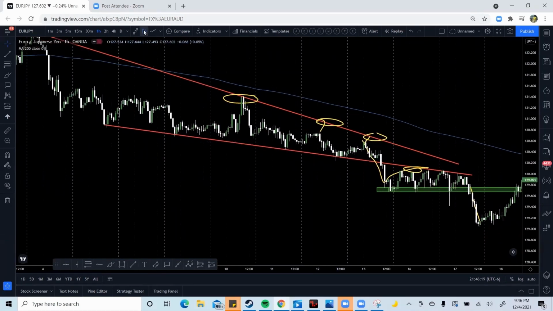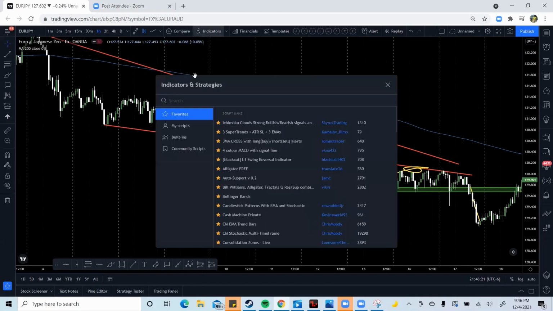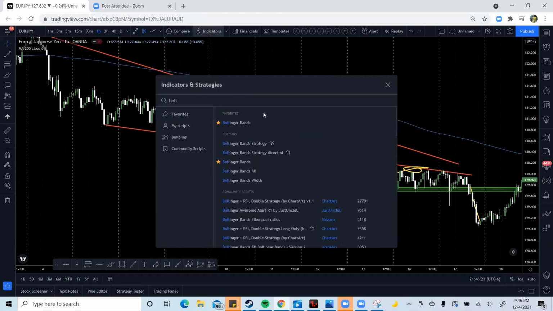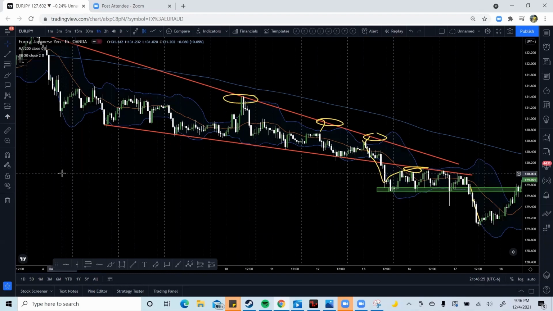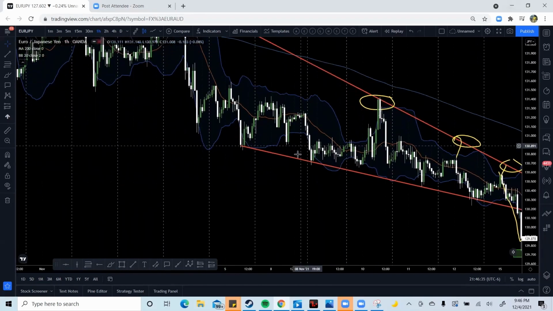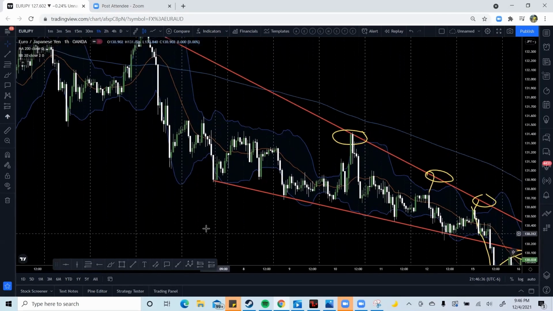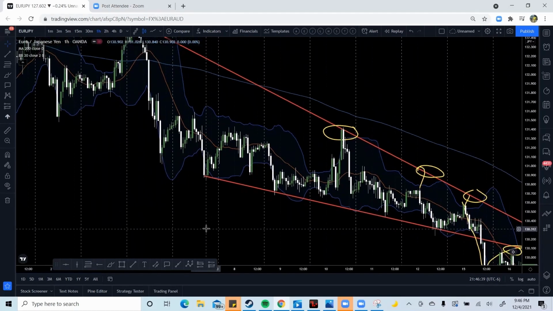Another form of dynamic support resistance is your Bollinger Bands. Bollinger Bands are basically different types of moving averages. So you have a moving average in the middle. You have something called a standard deviation. Now, you don't have to ace a statistics class, don't panic when I say standard deviation.